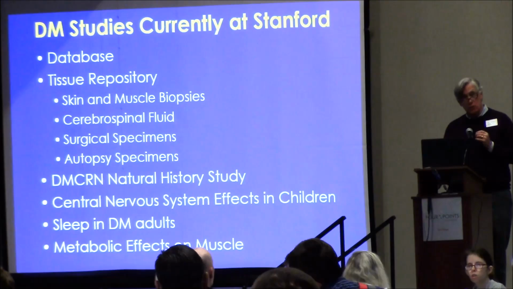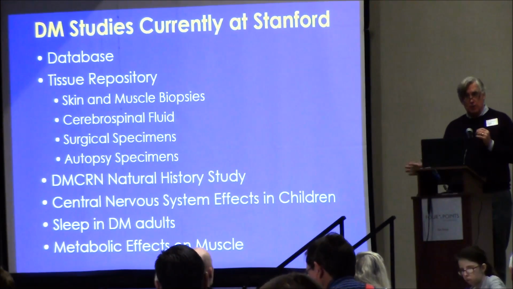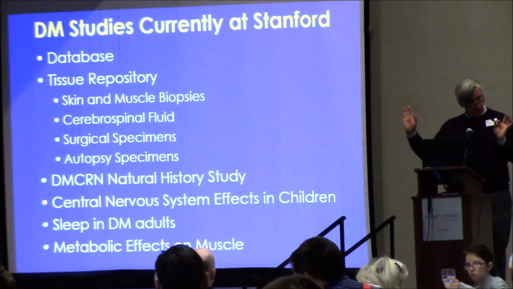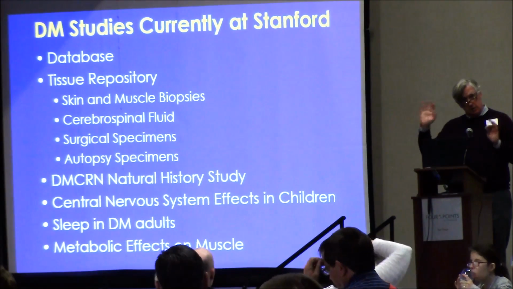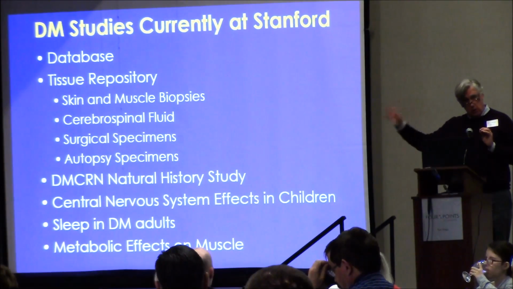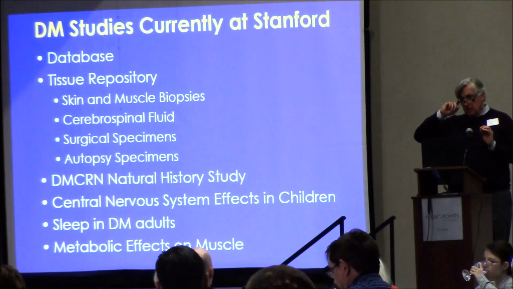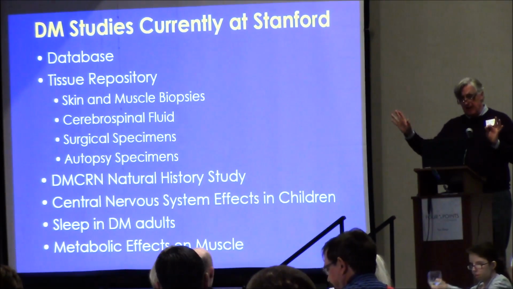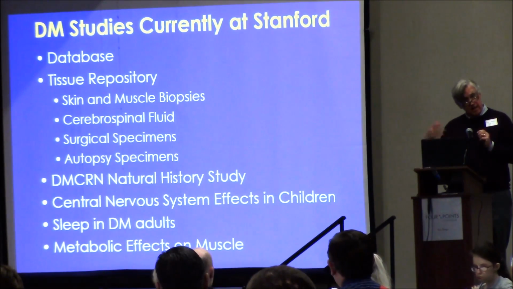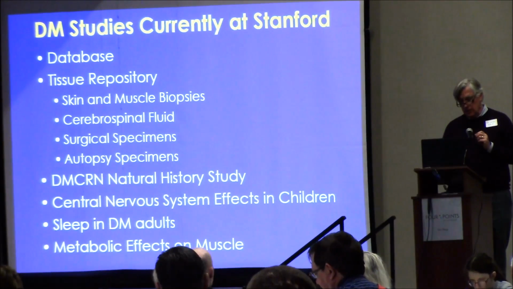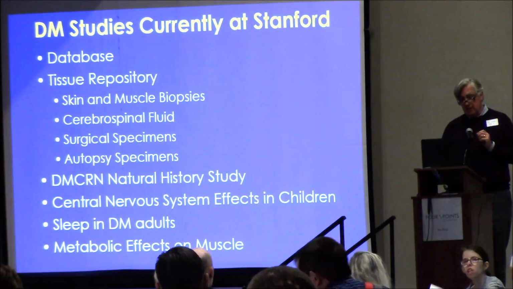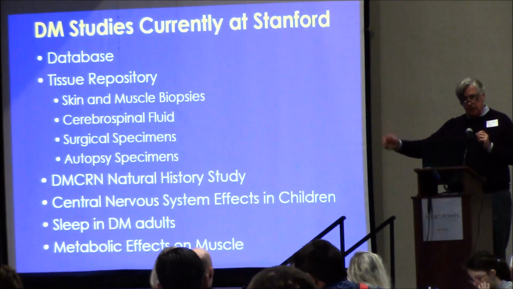There is tissue that is extremely valuable, and we share it with everybody. So we've done this with the Myotonic Dystrophy Foundation. We're working with other organizations to make sure that any researcher can have access to this tissue, because that allows them to answer questions.